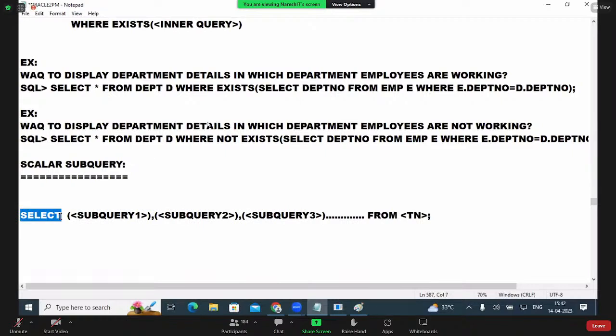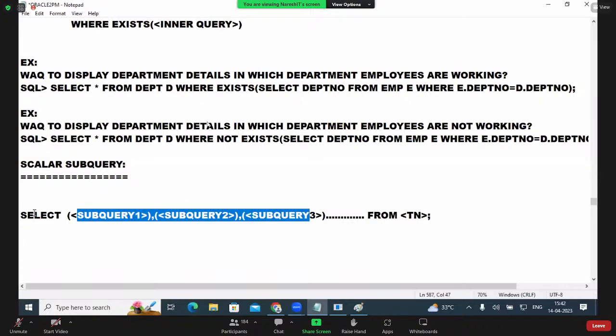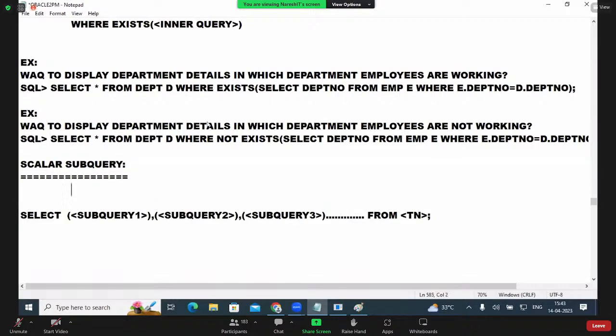Providing your subqueries in the select clause is called a scalar subquery. Otherwise, another definition: providing subquery in place of column names in a select statement is also called a scalar subquery. Okay, write down the definition below.